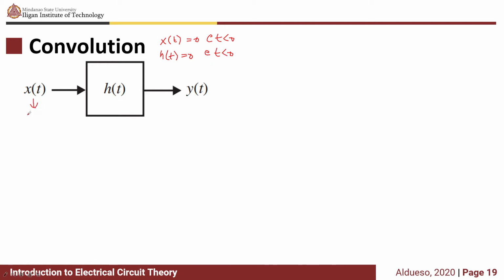This is our input, this is our output response, and our h of t is the impulse response of the linear circuit. So this is linear and time invariant.